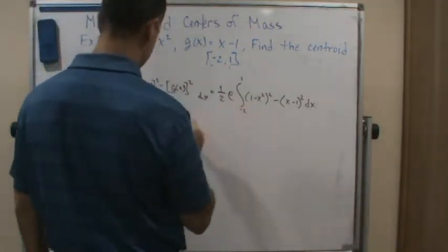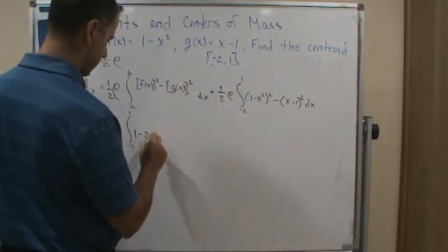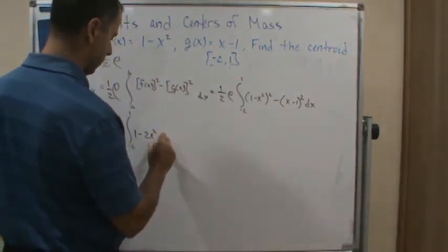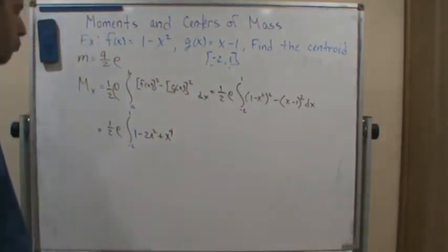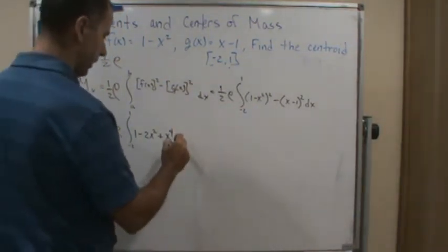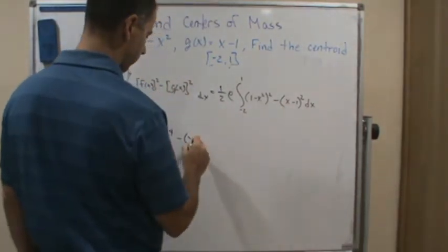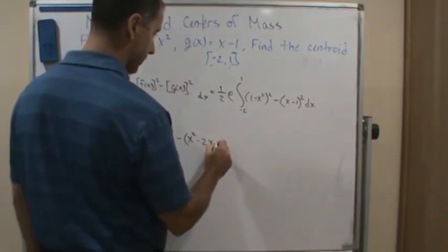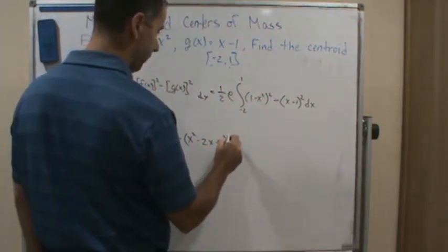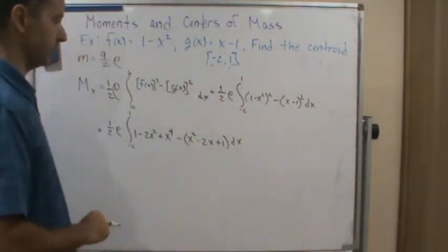And so this is just going to give us what? 1 minus 2x squared plus x to the 4th. And then it's going to give us minus x squared minus 2x plus 1 dx.